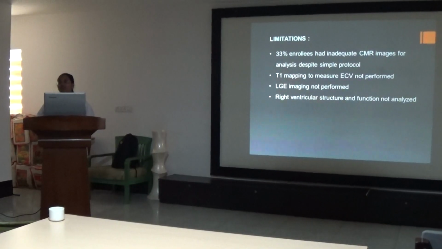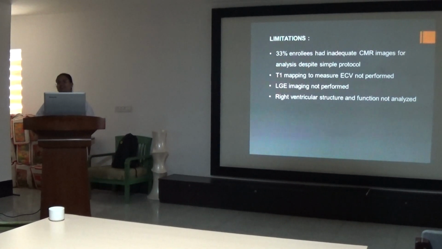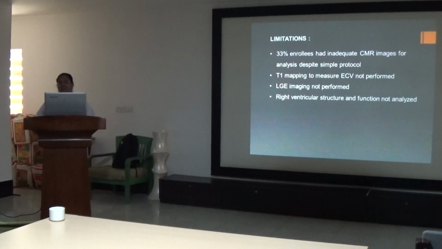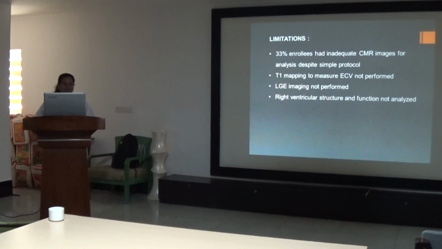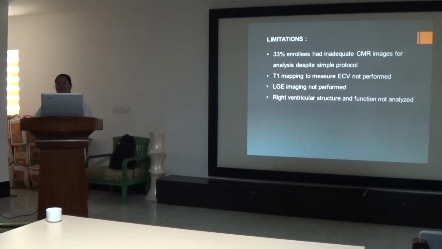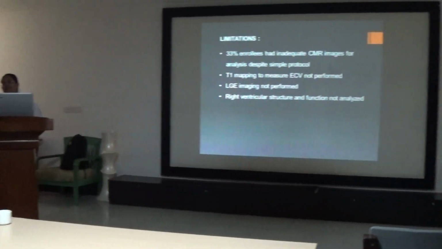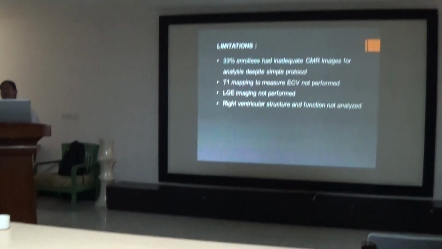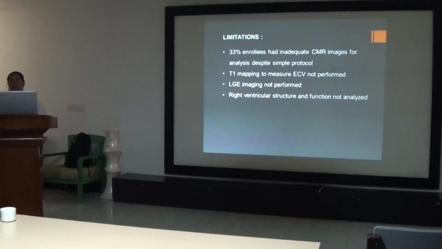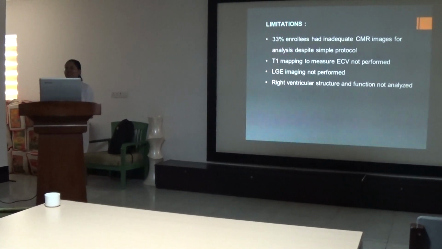TR velocity. If it is more than what, then it will be called increased filling pressure? More than 2.8 meter per second, right? Then what is the cutoff of lateral E prime and septal E prime? Septal 8 and lateral 10, I forgot. Please check, and go through everything ahead.